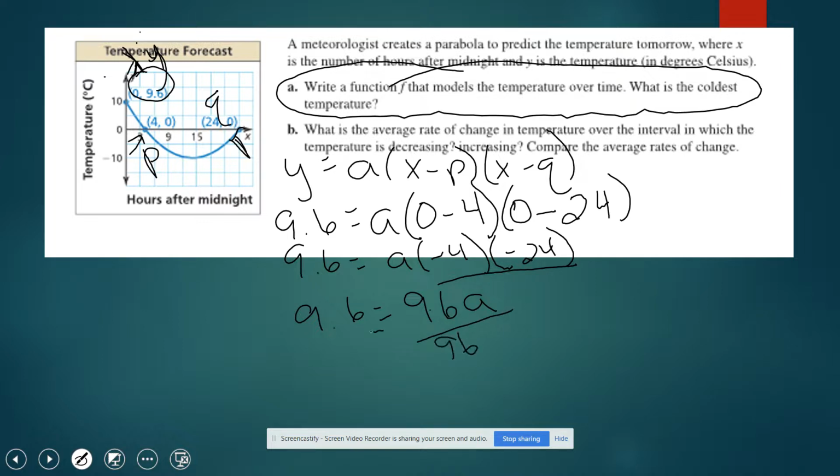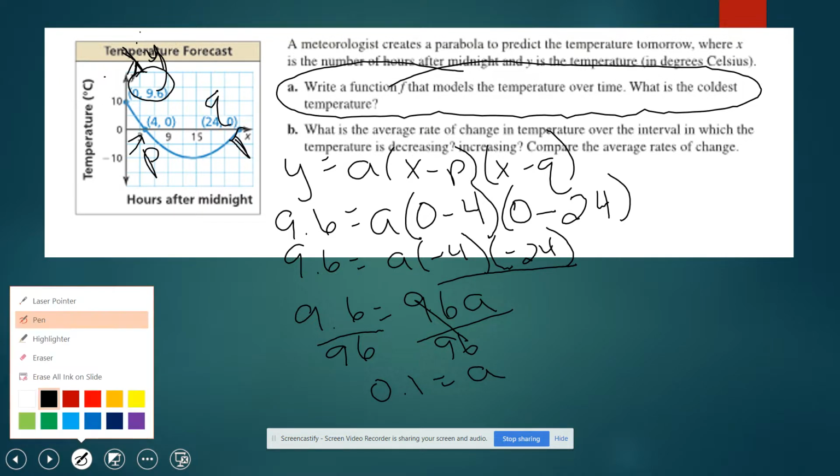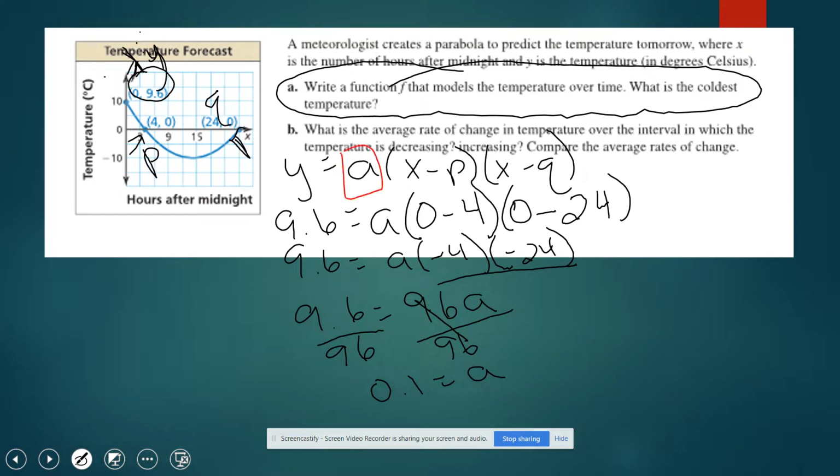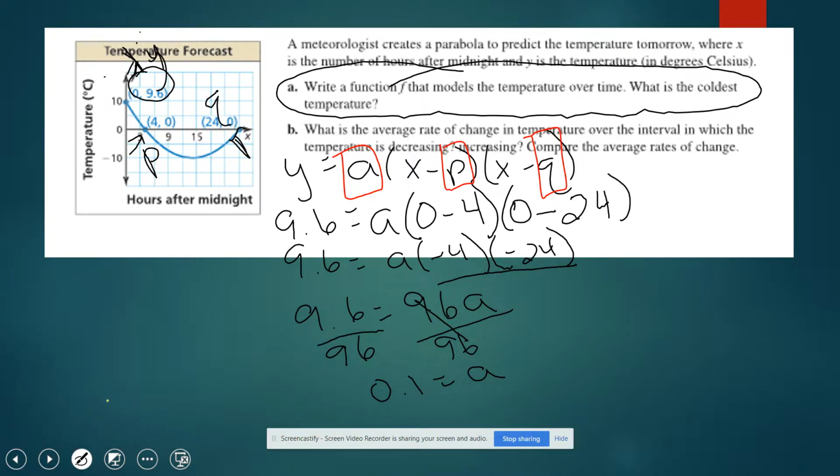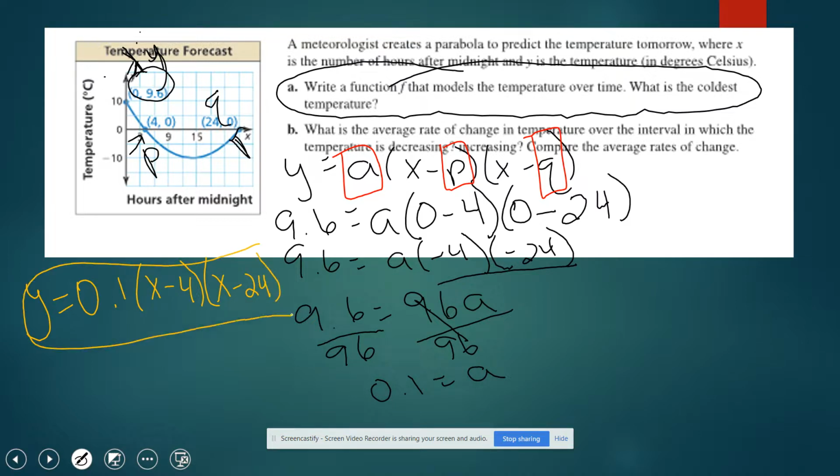So we'll divide both sides by 96, and we get 0.1 is equal to A. So to write our final equation, remember we fill in A, P, and Q. So we have y is equal to 0.1 times (x minus 4) times (x minus 24). And that is our equation.